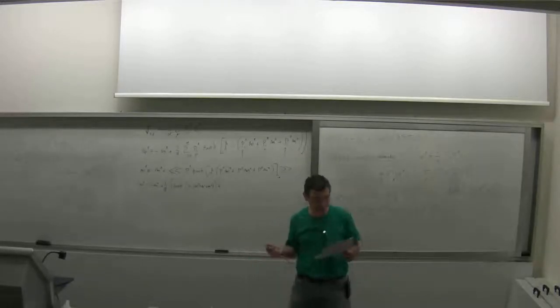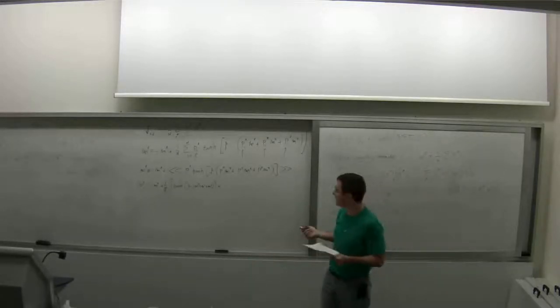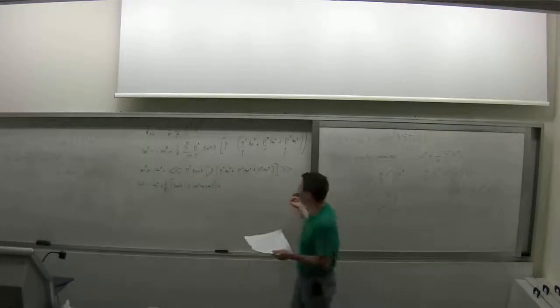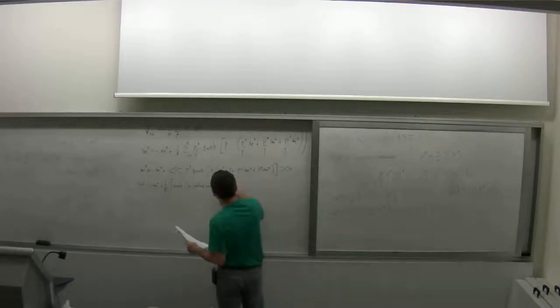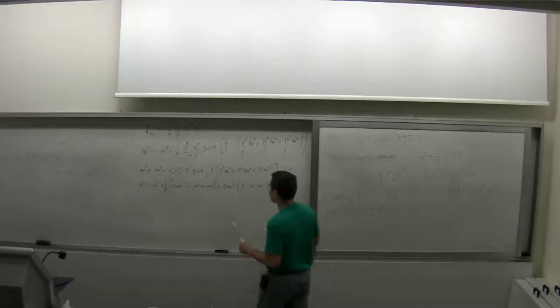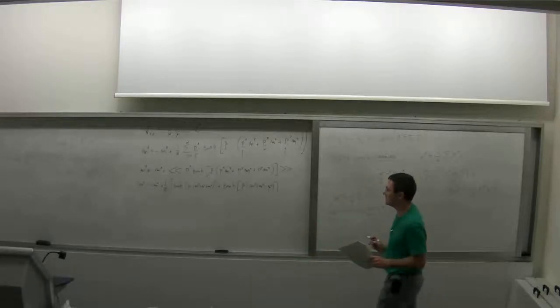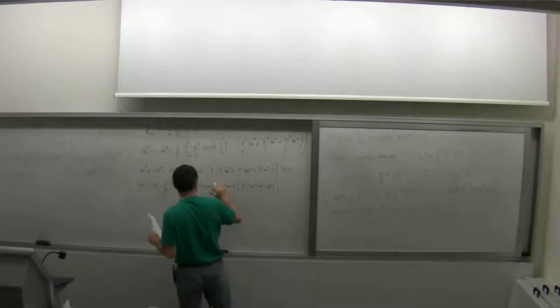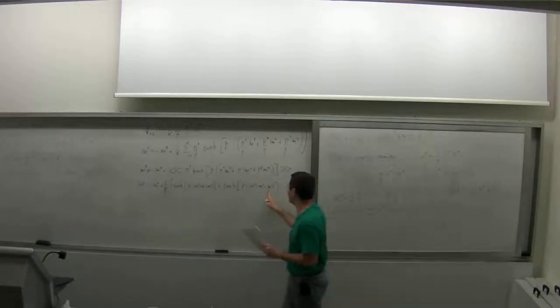Well, let's consider 1, 1 minus 1. So 1, 1 minus 1 would contribute hyperbolic tangent of beta m1 plus m2 minus m3. This would be the case of 1, 1 minus 1.